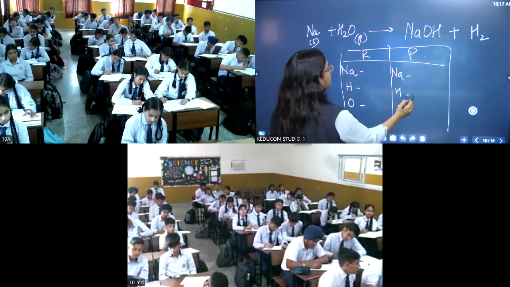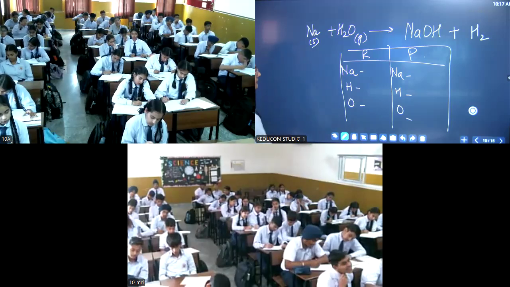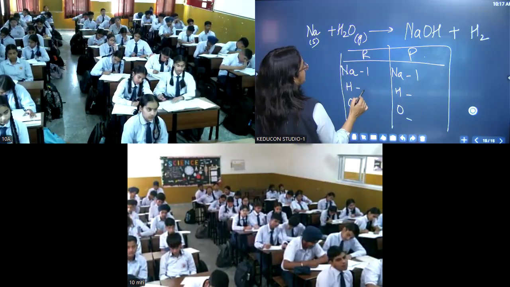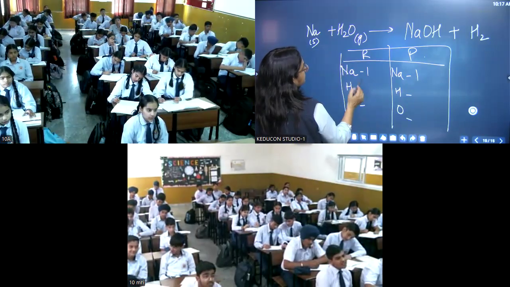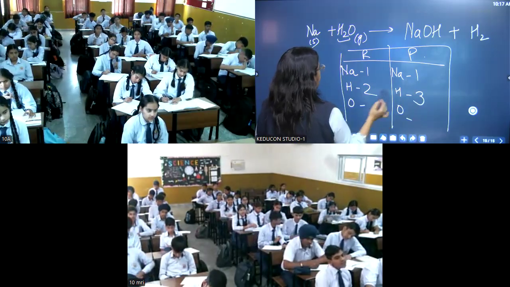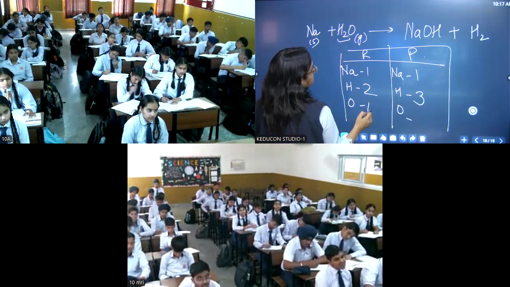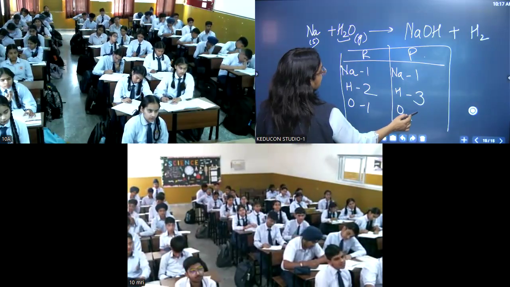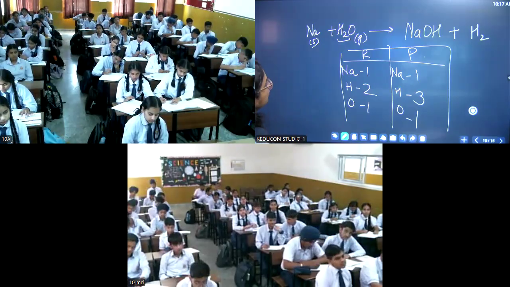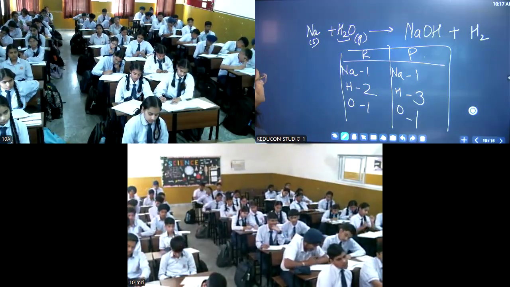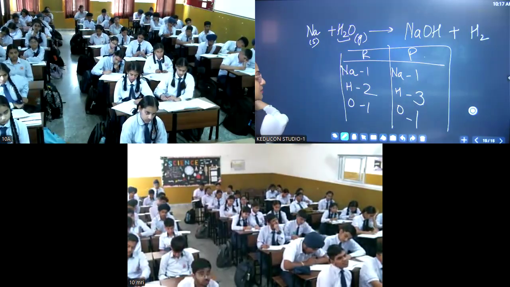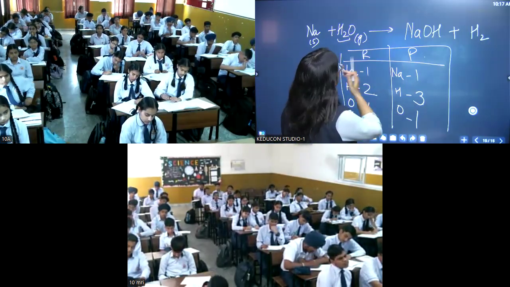What is the number of sodium on the left hand side and right hand side? 1 and 1. Hydrogen here and there, 3, oxygen 1, this side 1. Okay. So we need to change the number of hydrogen, but we cannot make this side 3. So what do we do?